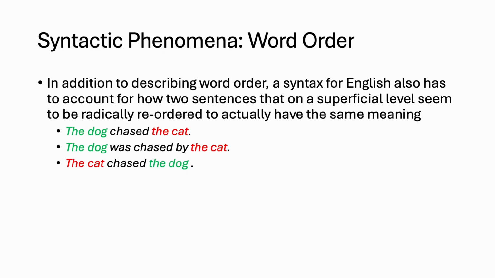In addition to describing word order, a syntax for English has to account for how two sentences that on a superficial level seem to be radically reordered actually have the same meaning. If we look at the dog chased the cat, and the cat chased the dog, and then the sentence the dog was chased by the cat, we see that the dog was chased by the cat means the same thing as the cat chased the dog, but the order of the words is completely different.